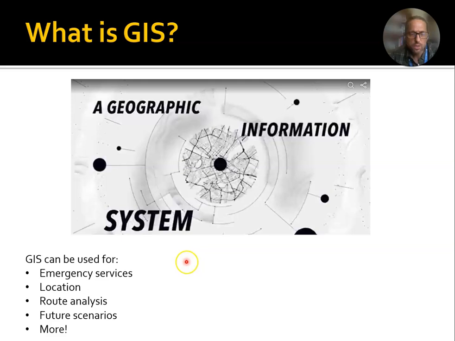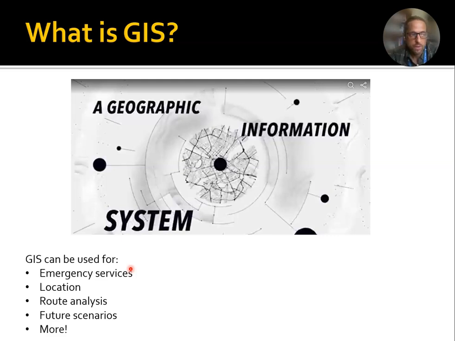And so one of the bottom lines of this video is that a GIS is a really powerful tool that can be used for basically any industry. If you name any industry today, almost certainly they'll be using GIS in some way, shape, or form. It's really big in emergency services. A lot of engineering firms use it, civil engineering, environmental engineering.